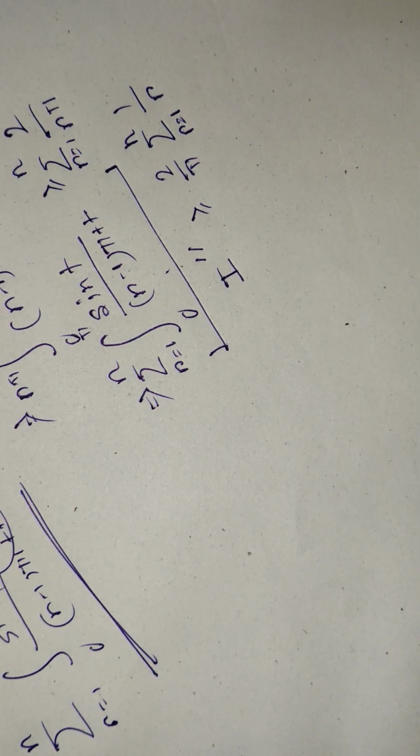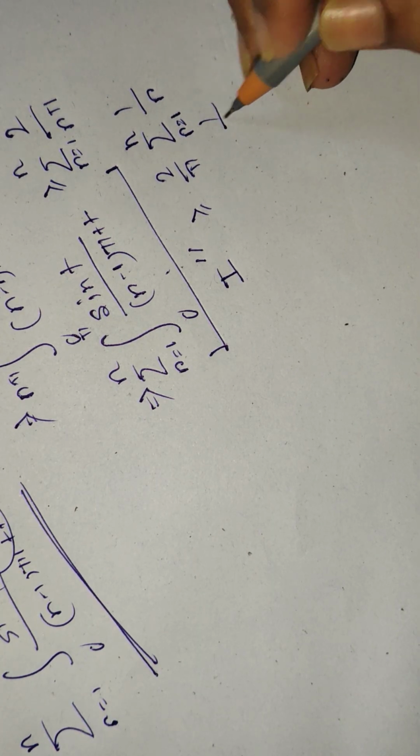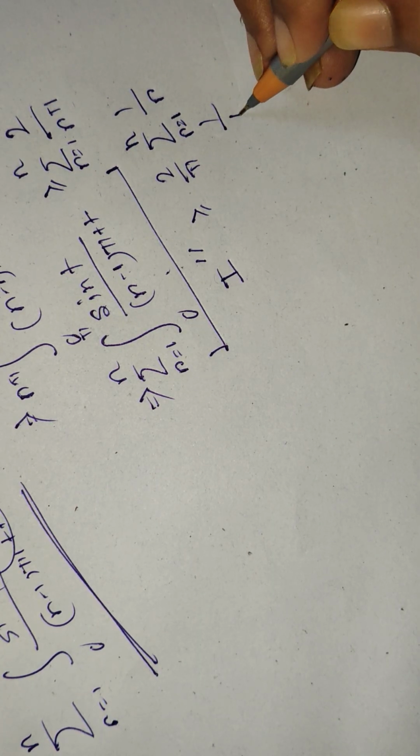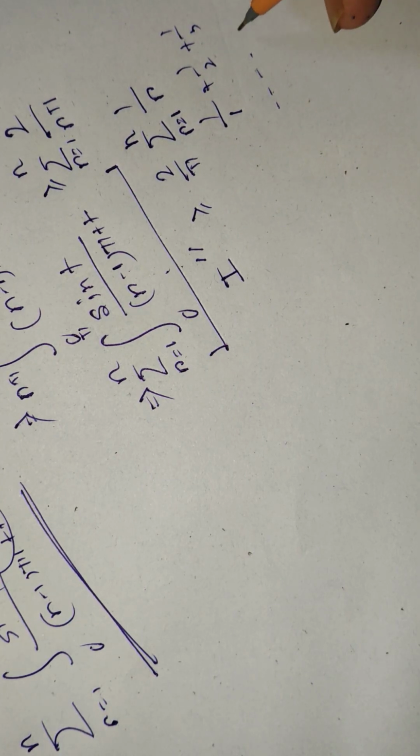Now if you know about the zeta function, basically this is 1 by 1 plus 1 by 2 plus 1 by 3 and so on, up to 1 by infinity.